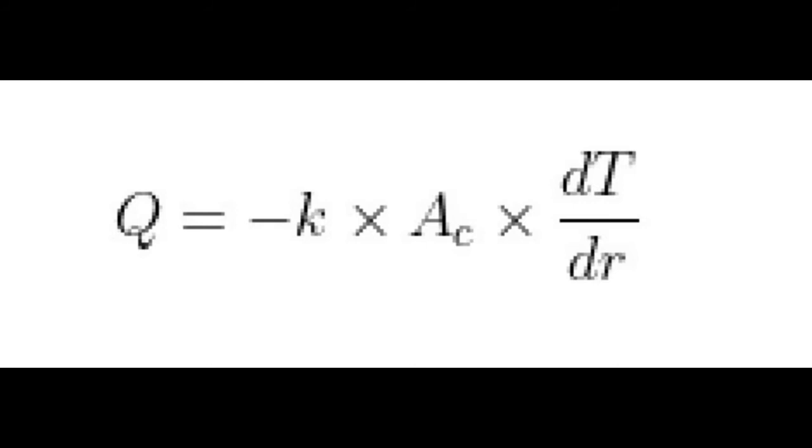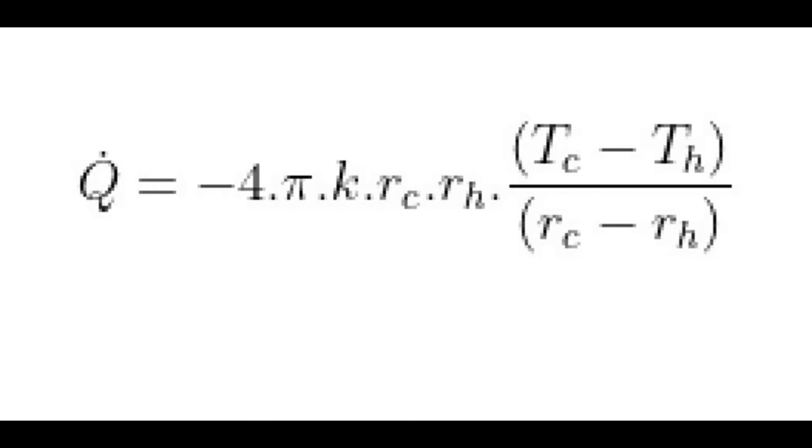The equation to calculate the rate of heat transfer through a spherical shell is written in terms of temperature difference Tc minus Th, to represent the heat flow, with the negative sign to quantify the second law of thermodynamics, and the radial coordinates of cold and hot surface temperatures, Rc and Rh.